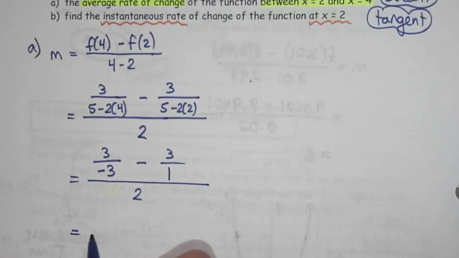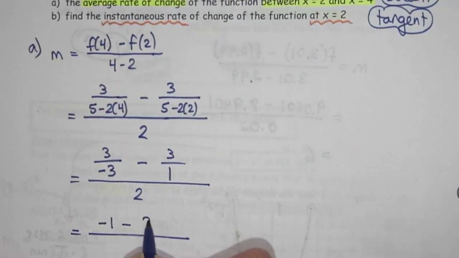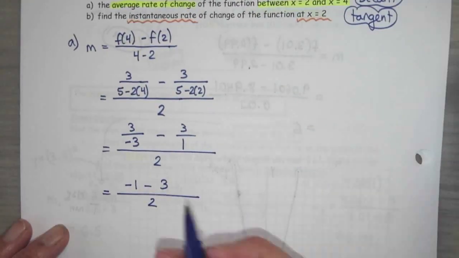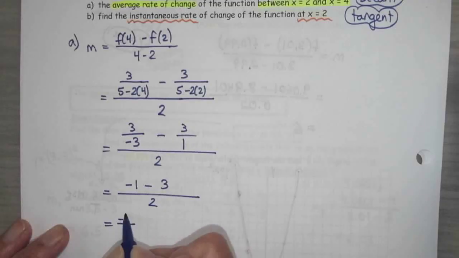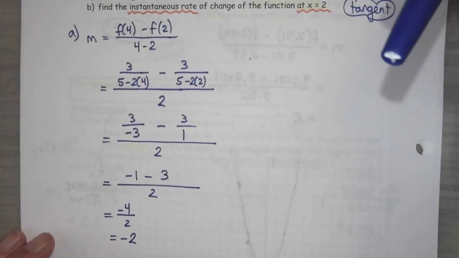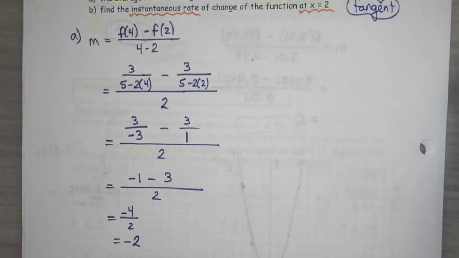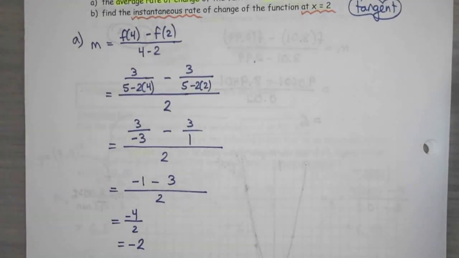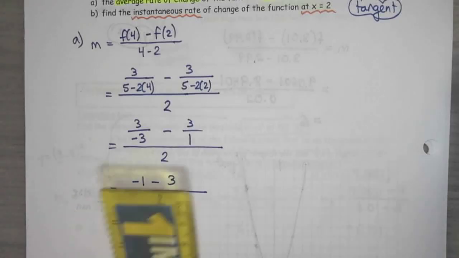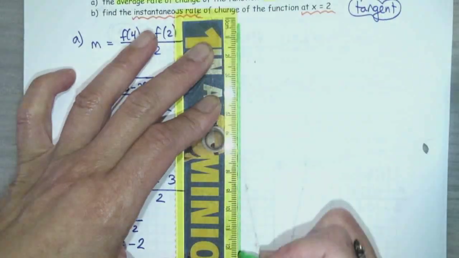This becomes -1 minus 3 over 2, and that's -4 over 2. So my slope is -2. So the average slope between those two points is -2. I have no units, so you can just stop there. So that's what we were doing yesterday: secant lines, average between, that sort of thing.